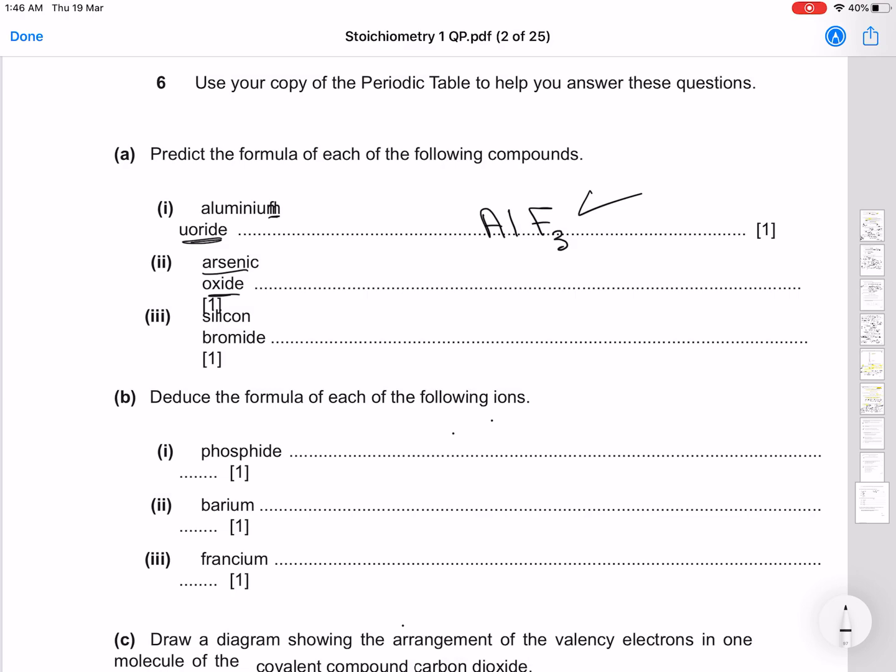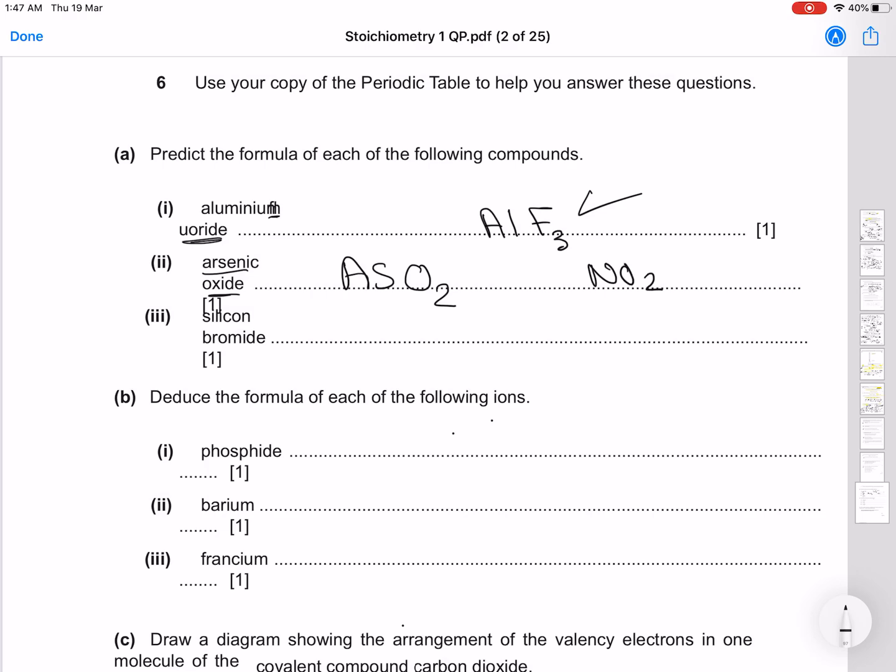But you know what? This question is kind of a hard question, because you won't be able to use the usual method, because that's not an ionic compound. Arsenic oxide is a covalent compound, just like nitrogen dioxide.